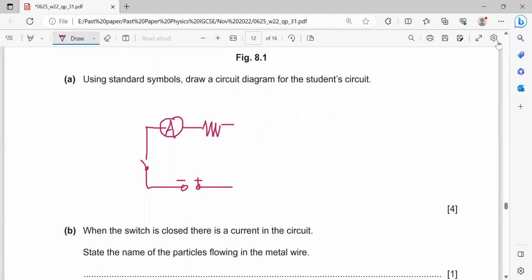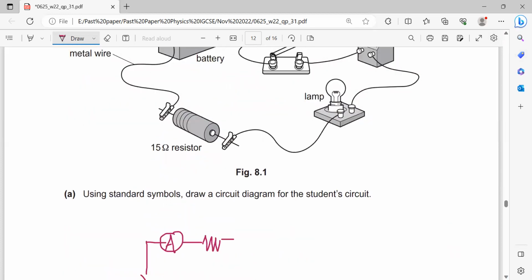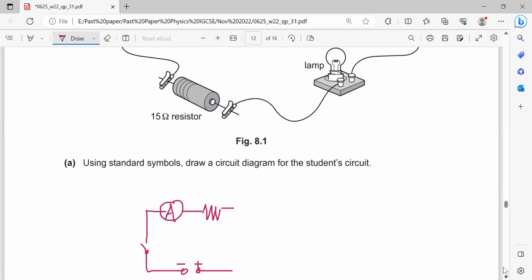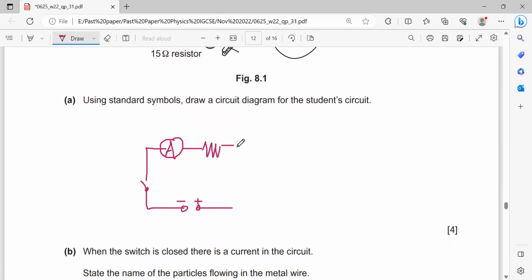Also the resistor, of course, and I'm going to use the resistor symbol like this. This is the symbol of a resistor. That's one.